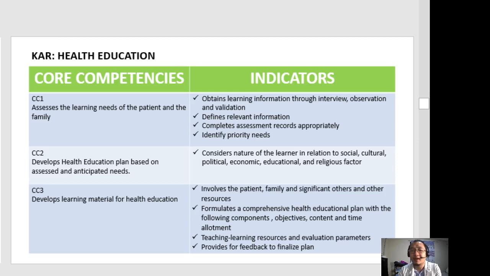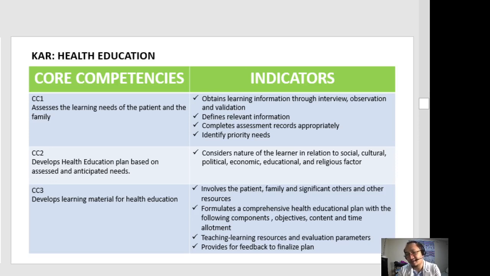Okay. On planning, you consider the nature of the learner, the characteristics of the learner, the level of knowledge, and other factors like their religion, their race. It depends on the situation, on the condition, on the information that you're going to give.